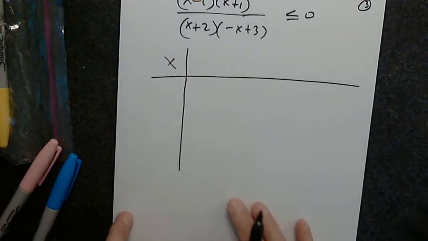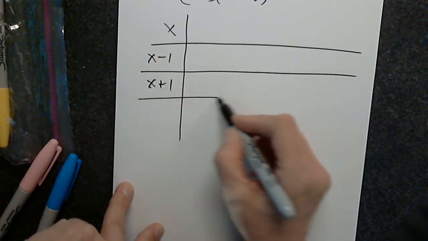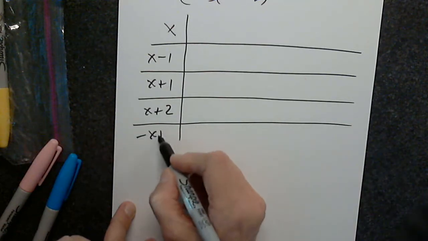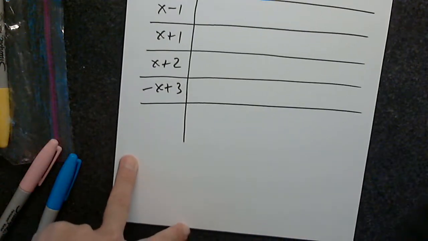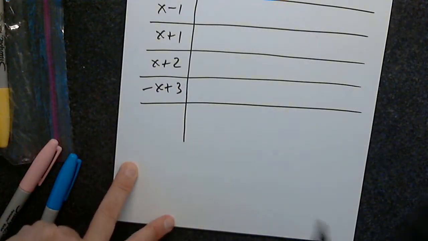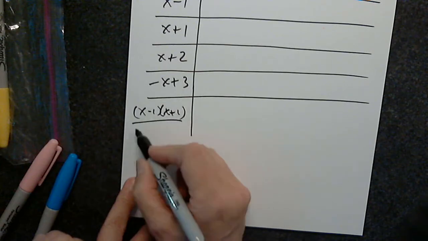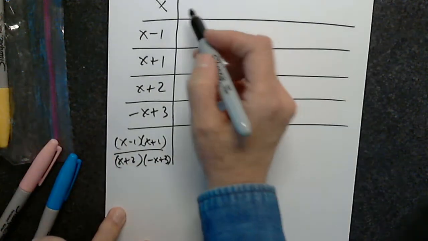So this time I have x minus 1, x plus 1, x plus 2, negative x plus 3, and I have the whole thing, which is x minus 1, x plus 1, x plus 2, negative x plus 3.